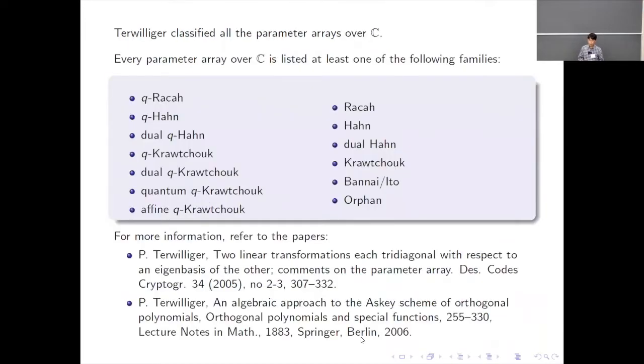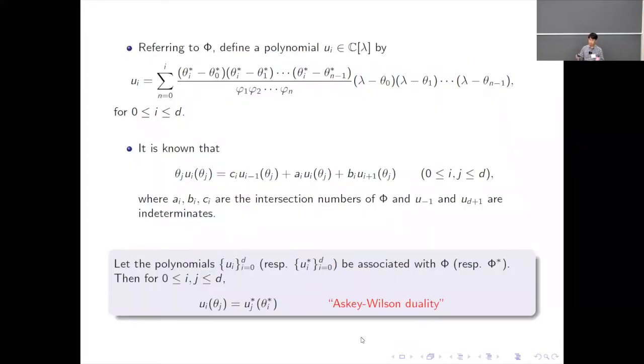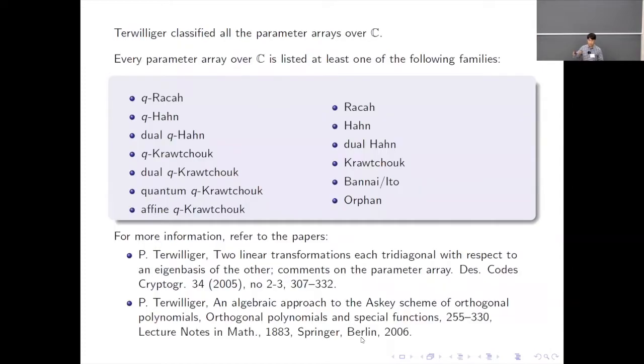When we have Leonard systems, we obtain the corresponding parameter arrays. With that parameter array, we construct this polynomial u I, and we evaluate it at theta j. We classified all parameter arrays over C. Those parameter arrays fall into exactly 13 families.